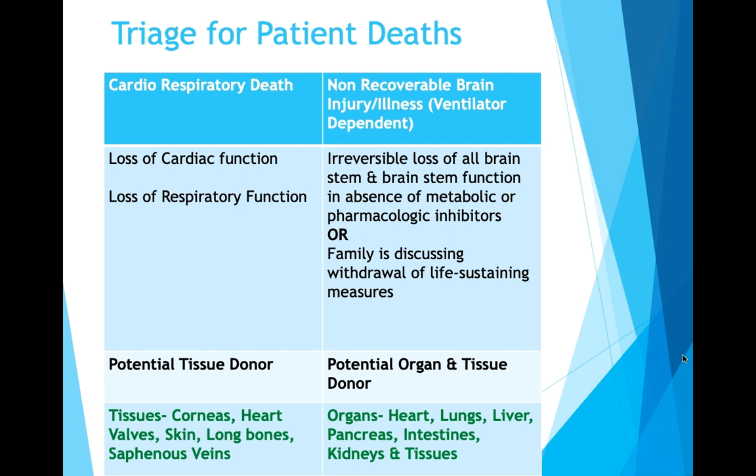If you have a patient that has a non-recoverable brain injury, so they're ventilator dependent, these are the patients that are going to move to brain death. So if they have an irreversible loss of all brainstem and brain function, and they do not have a metabolic or anything inhibiting them pharmacologically, or if the family is discussing that they're going to withdraw the life-sustaining measures, which is the ventilator, sometimes vasopressor sustenance, these are the patients that are potential organ and tissue donors.